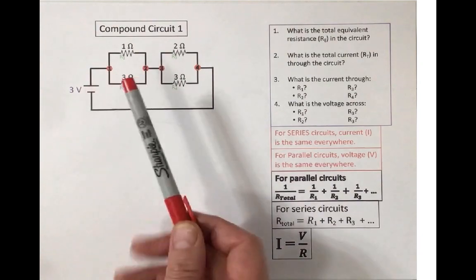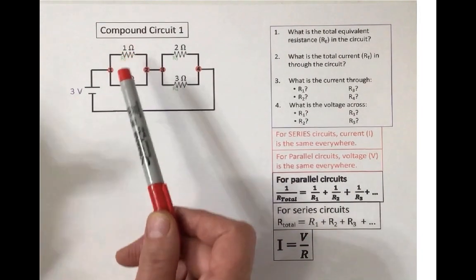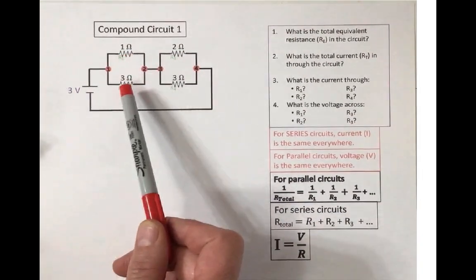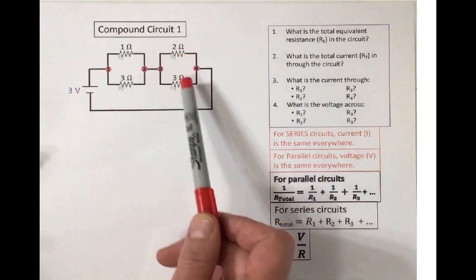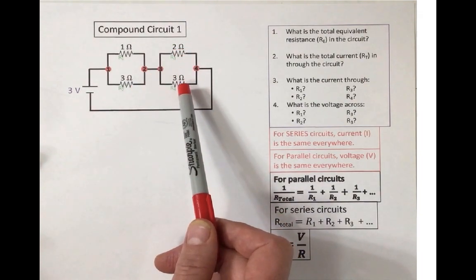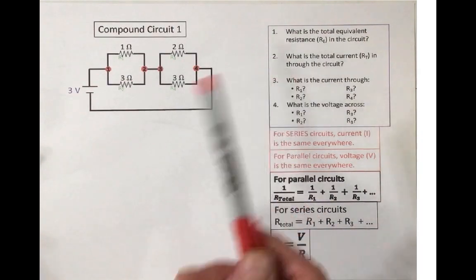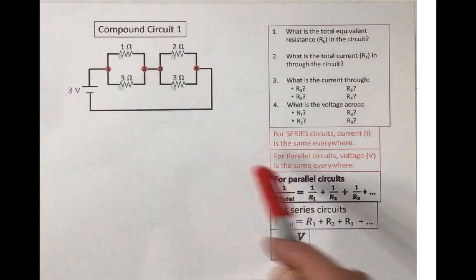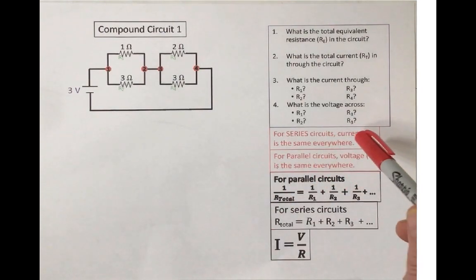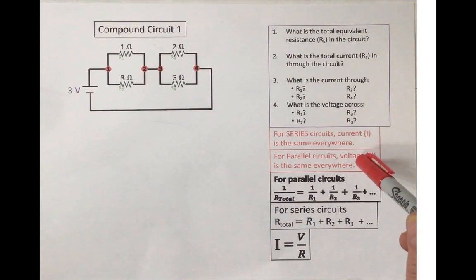So it is a loop, but we have this pair of parallel resistors, this pair of parallel resistors, and these two pairs are in series with one another. All we have is the knowledge that for a series circuit, the current is the same everywhere. For parallel circuits, the voltage is the same everywhere.